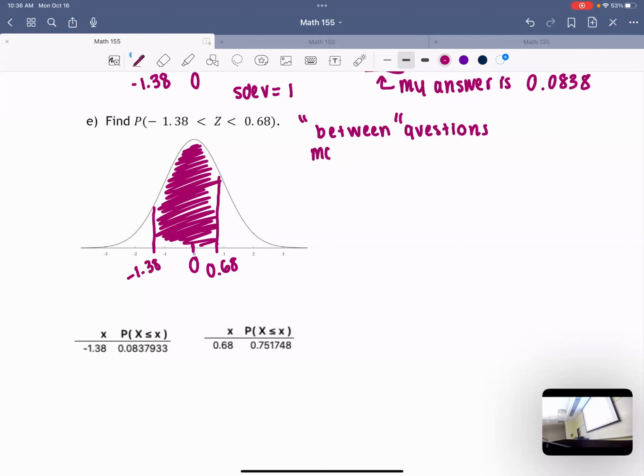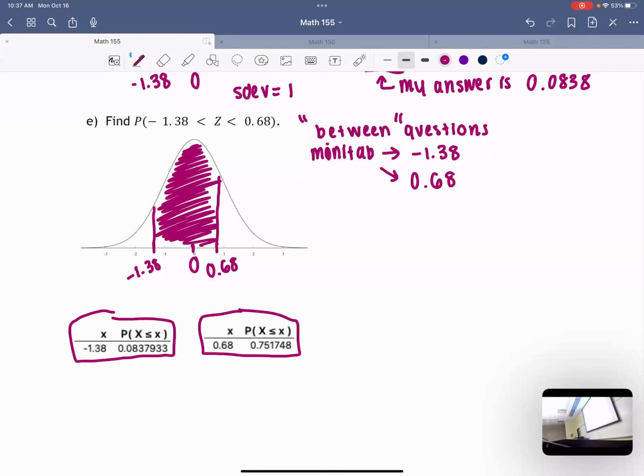You're going to find the probability of negative 1.38, and then you're going to go in a separate Minitab command and find the probability of 0.68. So you're not going to do them together. You're going to use two separate Minitab commands. You're going to do negative 1.38, and you're going to get this guy here on the left. You're going to do 0.68, and you're going to get this guy on the right.